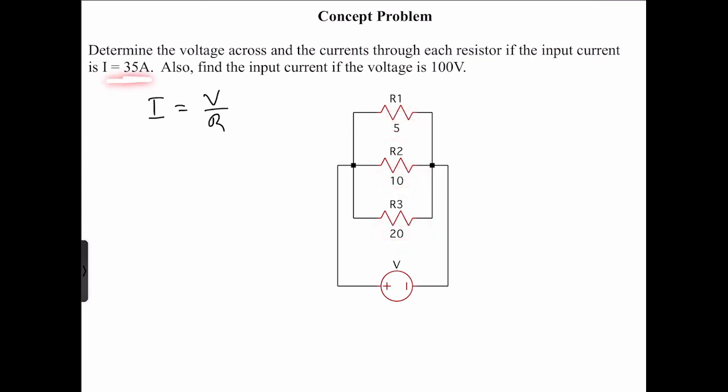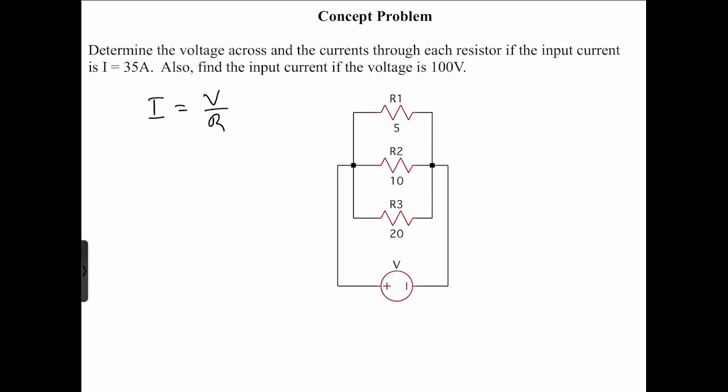We have the input current, and we do not have the voltage V. Thus, we can find the voltage across and the current through each resistor by using current division, and then using the current through each resistor to find the voltage across each.